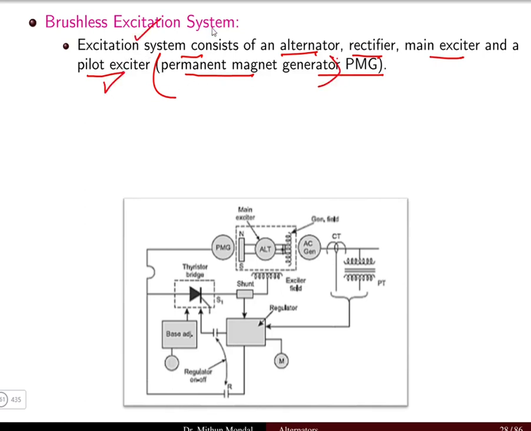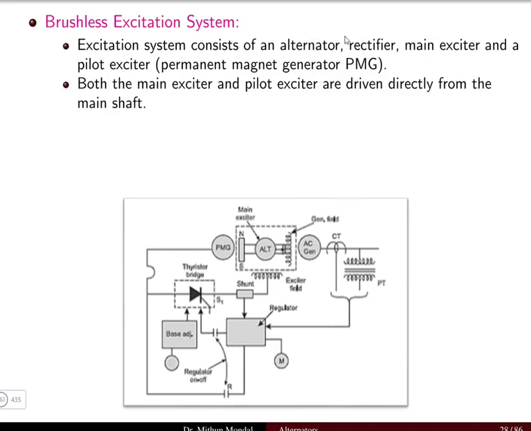So the brushless excitation system will have an alternator, rectifier, main exciter and PMG. Both the main exciter and the pilot exciter are driven directly from the main shaft. So here we can see that we have a main exciter and the pilot exciter which are on the same shaft of the alternator.